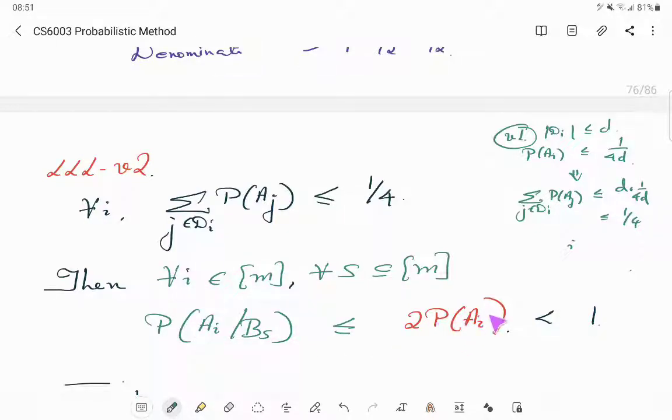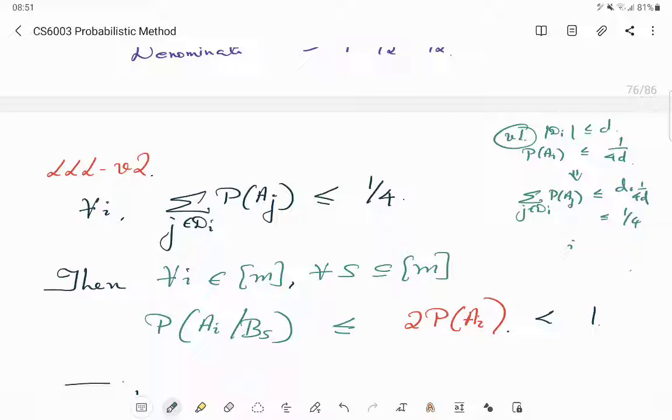Now, why is twice P of AI less than 1? Maybe I should also say each P of AI is strictly less than half. Maybe we should say that, but it is clear if each AI participates even in one dependent set, because the total sum is at most 1 by 4.